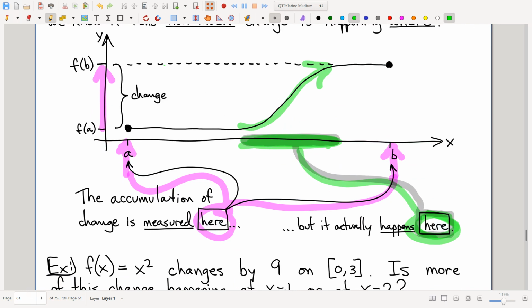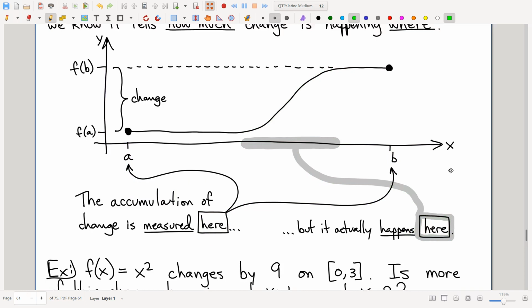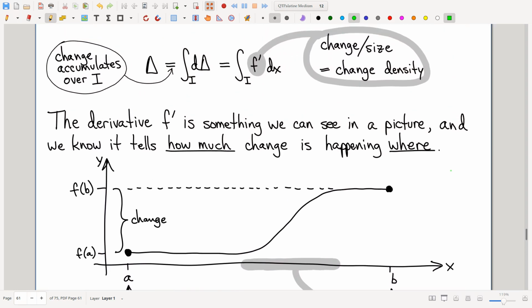So I'm going to encourage y'all to chew on that a bit. Ask yourself, if I'm super comfortable with the idea that functions change over the interior, that change I measure on the boundary happens in the interior, why not for circulation? Also, totally analogous stuff. Something to chew on.